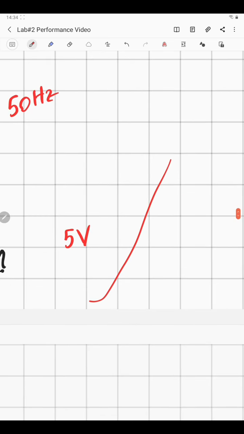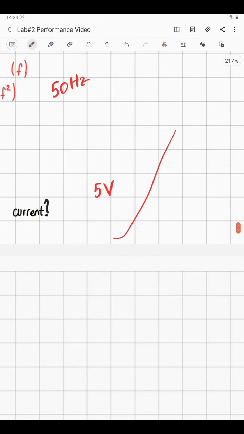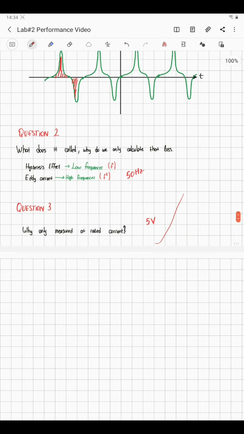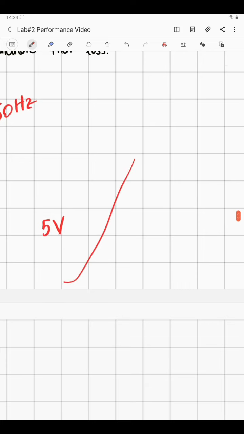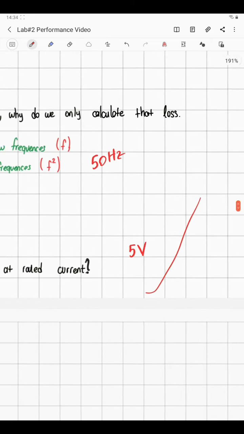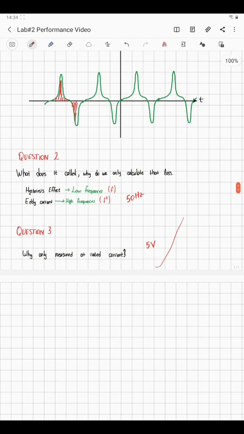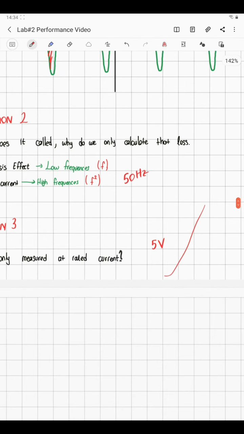And if we had increased the voltage slightly more, we might have damaged some components in the system. So in order to be careful, we tried not to test other voltage values, because the more we increase the voltage, the more risk we take. It is because of these reasons that we only calculated at the rated current.